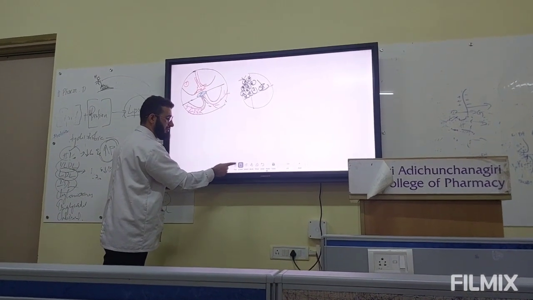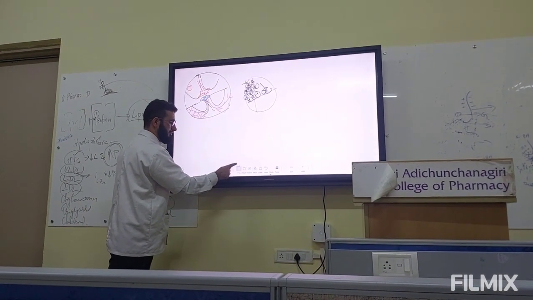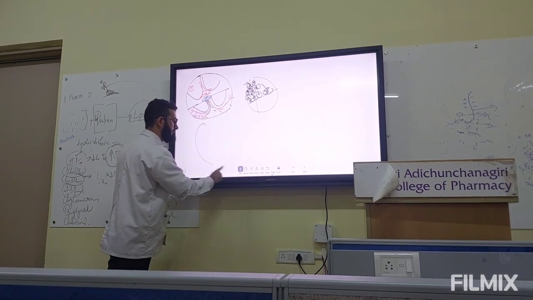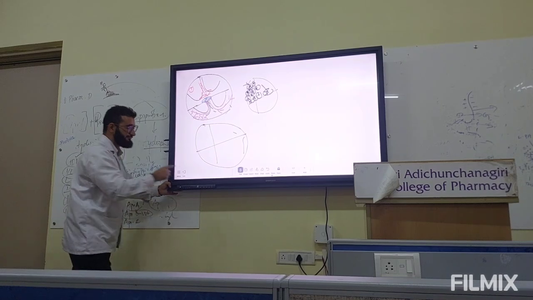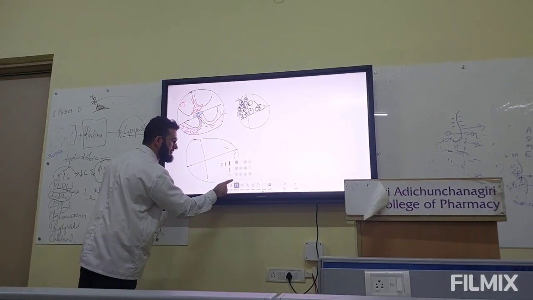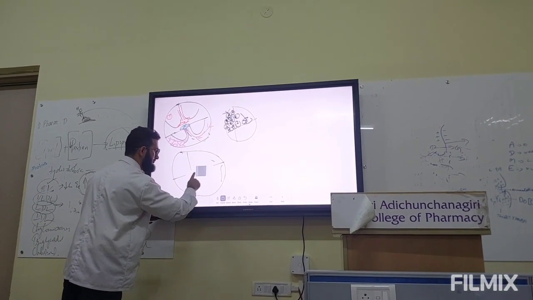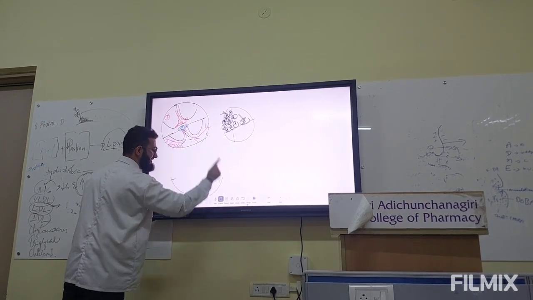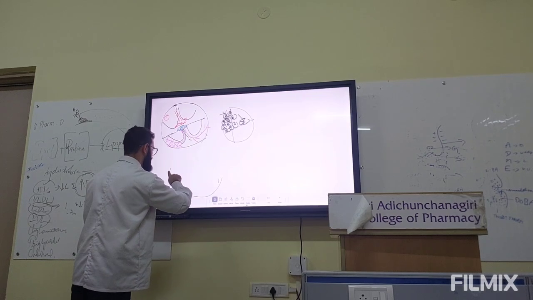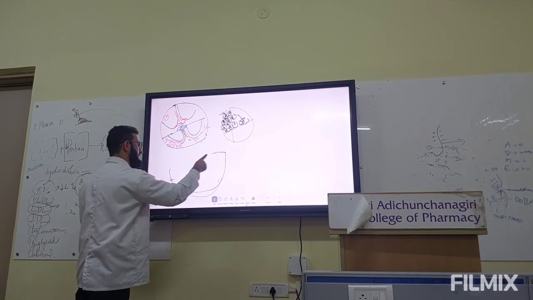Here I will draw another heart. See, this is the ventricle, the ventricle tissue.